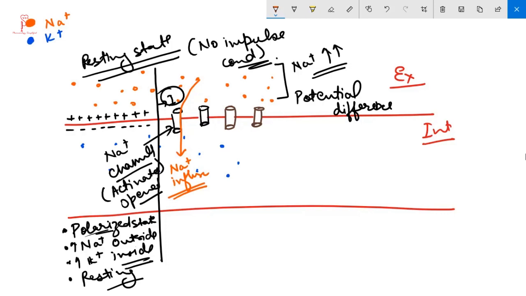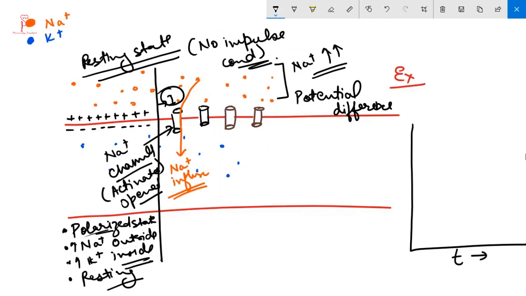One more thing I would like to elaborate here. If we see on a graph, this is the time and this is the action potential.